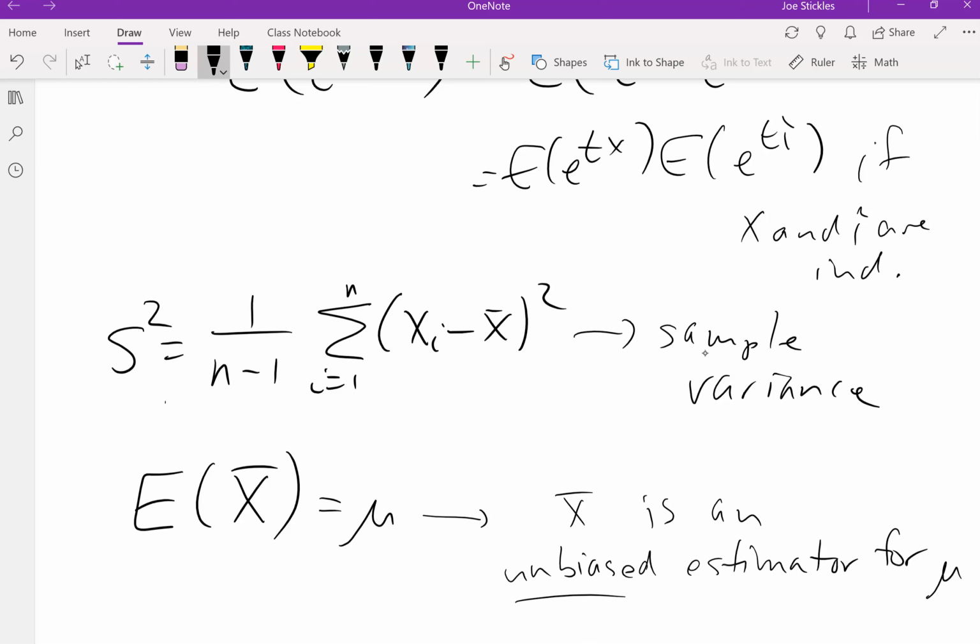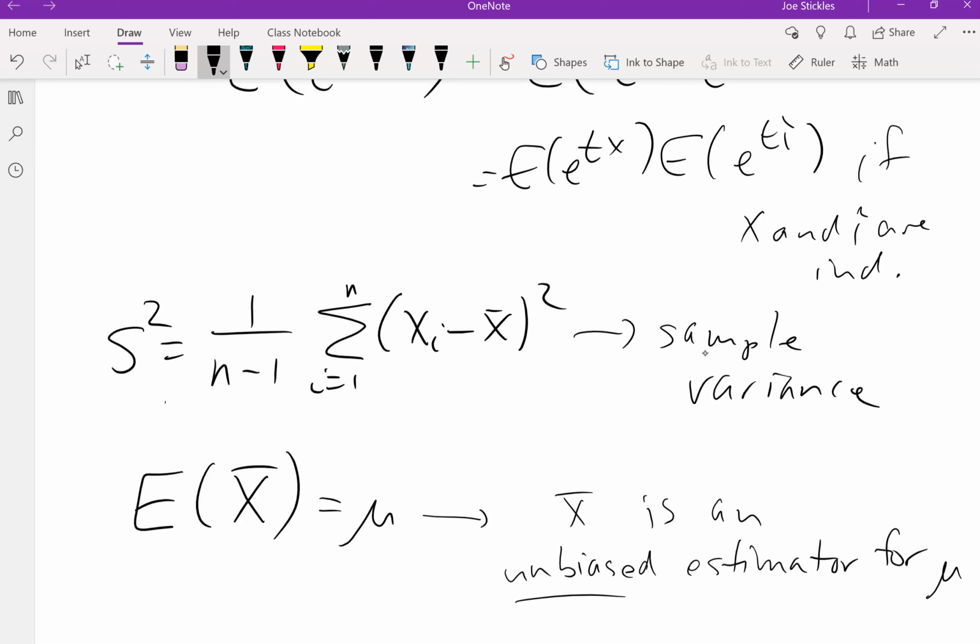And unbiased is a good quality for an estimator to have. Now, if you know what the bias is to start with, you can adjust for it. But in general, unbiasedness is a quality that you want, because you want to know that if you run samples over and over and over again, it's giving you a good handle on what the population parameter should be.